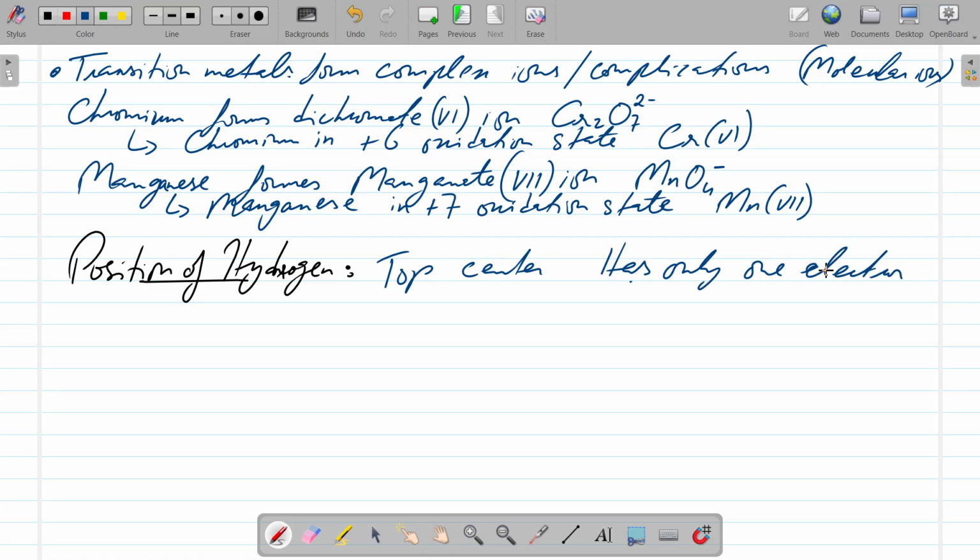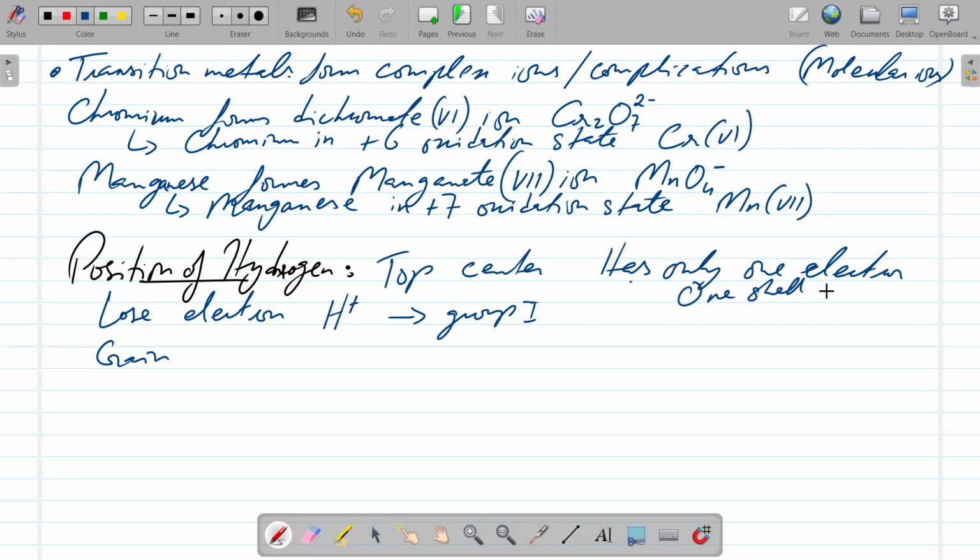Now, what hydrogen can do is lose the electron, which gives you the positive hydrogen ion, and that would technically qualify it for group 1. But it could also gain an electron, because remember it only has one shell, and the shell can only support 2 electrons.